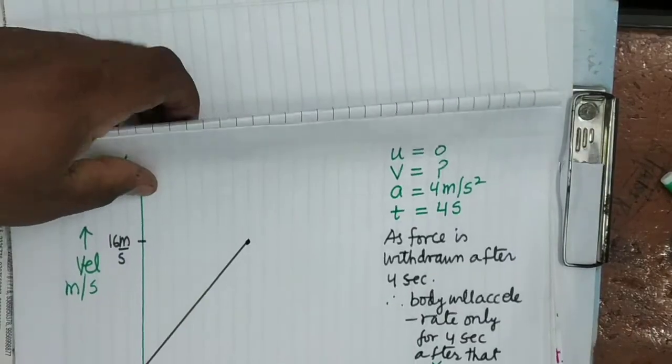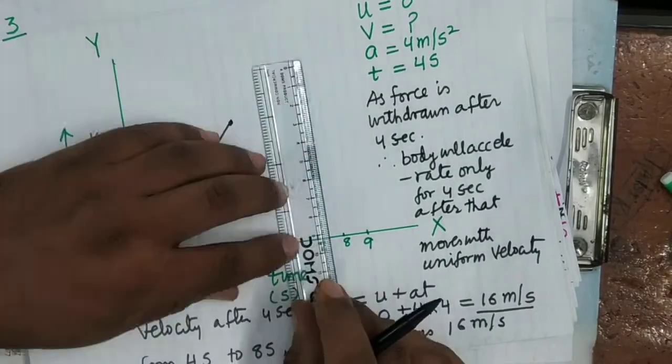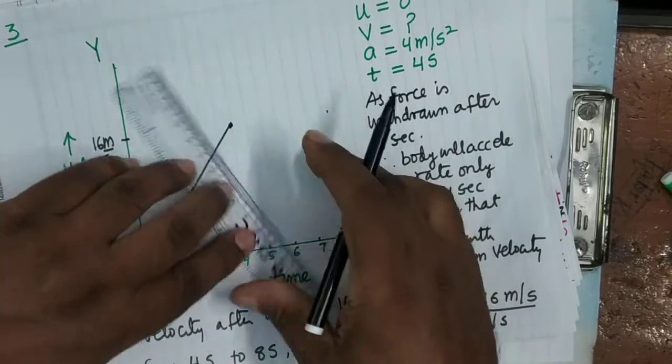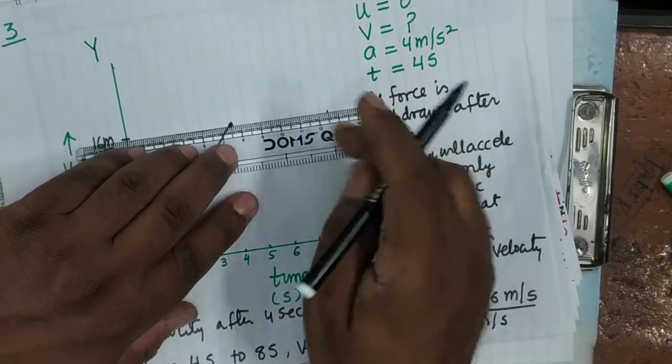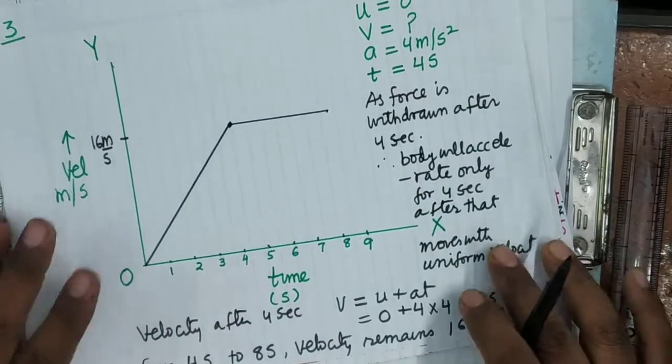And after that what will happen? It will become straight. Up to 8 seconds you have to draw the graph, so up to 8 seconds it will be this.